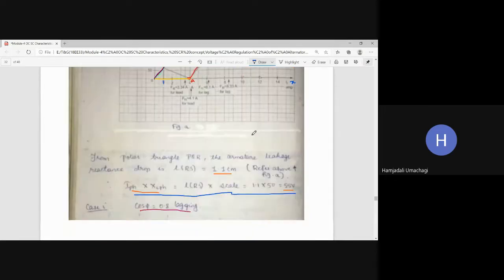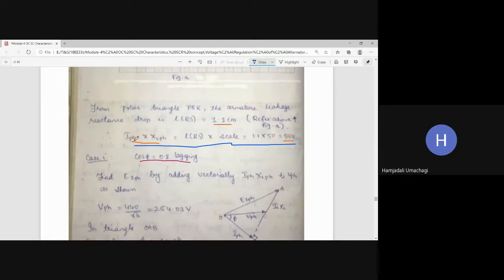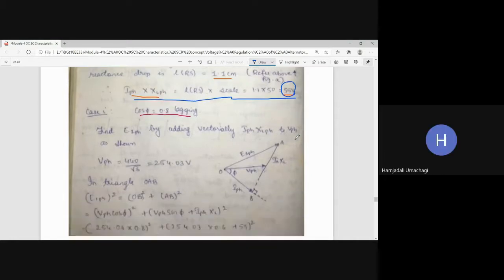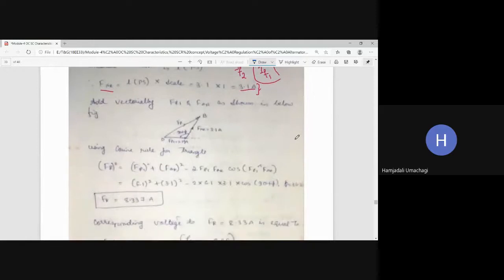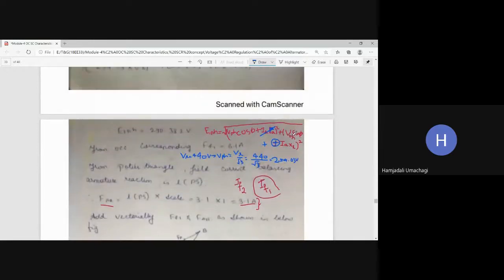What is the value of I into XL here? 55 volts, sir. So substitute this 55 here, the whole value as I into XL, 55 whole square, and tell me the answer for E1 pH.